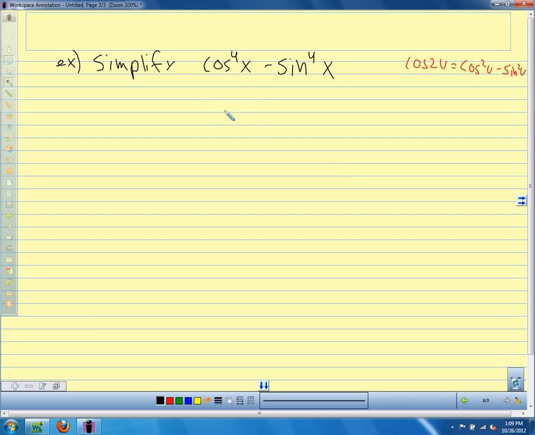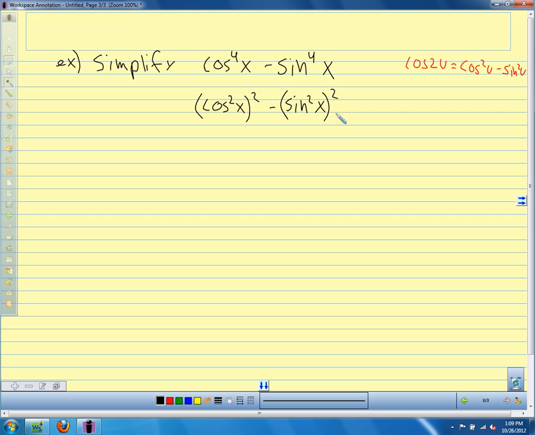So let me give you a hint, and then we'll see if we can figure out where to go from here. What if I wrote this as cosine squared x, squared, minus sine squared x, squared? Does that help us out at all?